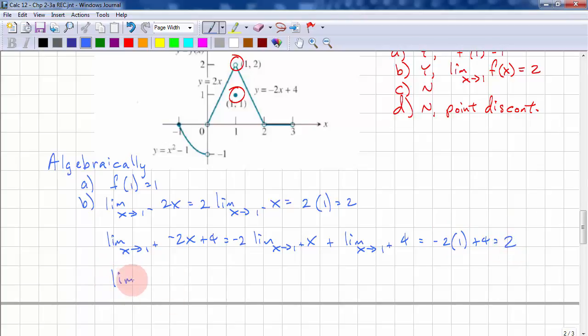And we have it so that the limit as x approaches 1 from the left of f of x equals the limit as x approaches 1 from the right of f of x. So the limit as x approaches 1 of f of x equals 2.